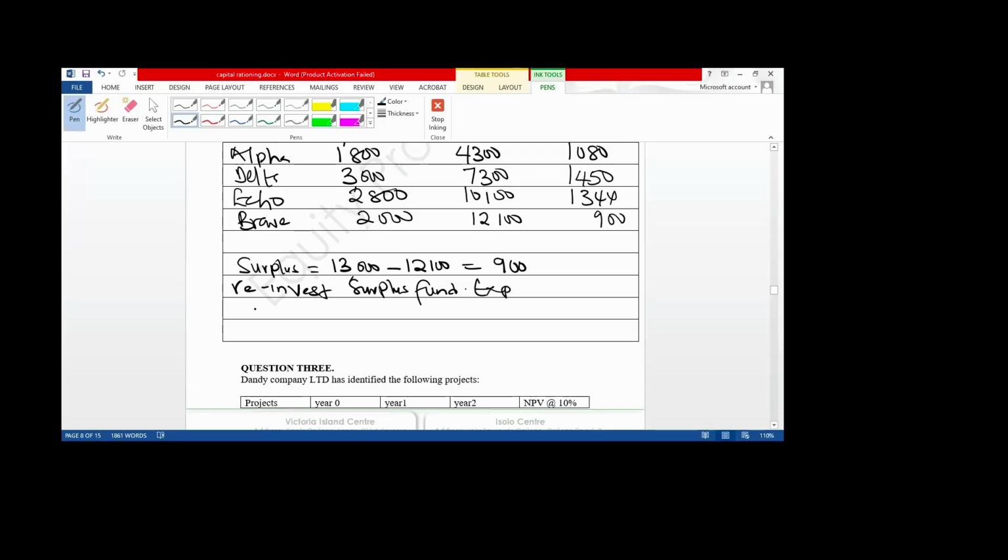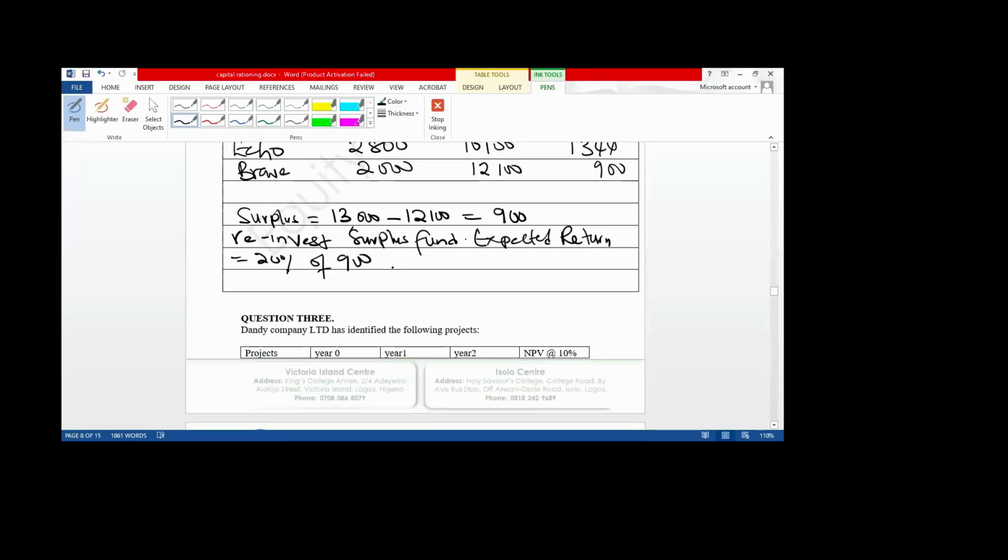Expected return: 20% of 900. Please compute how much. 180. You are going to get 180 annually, forever.